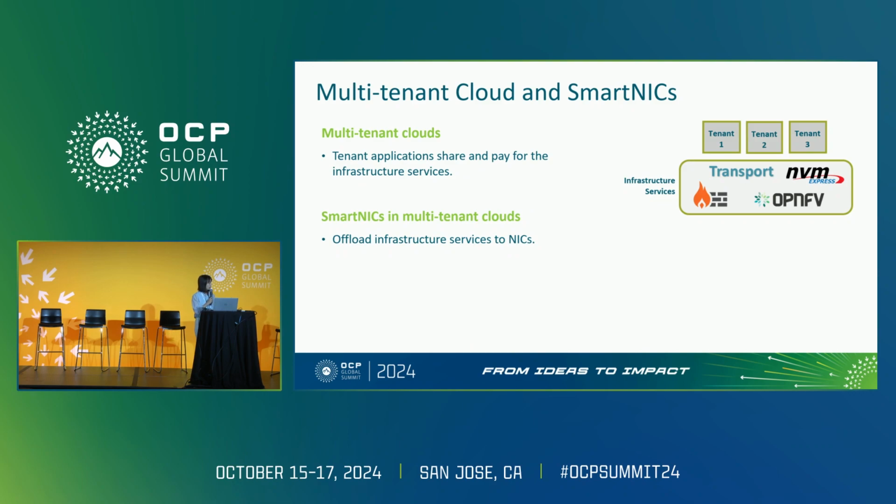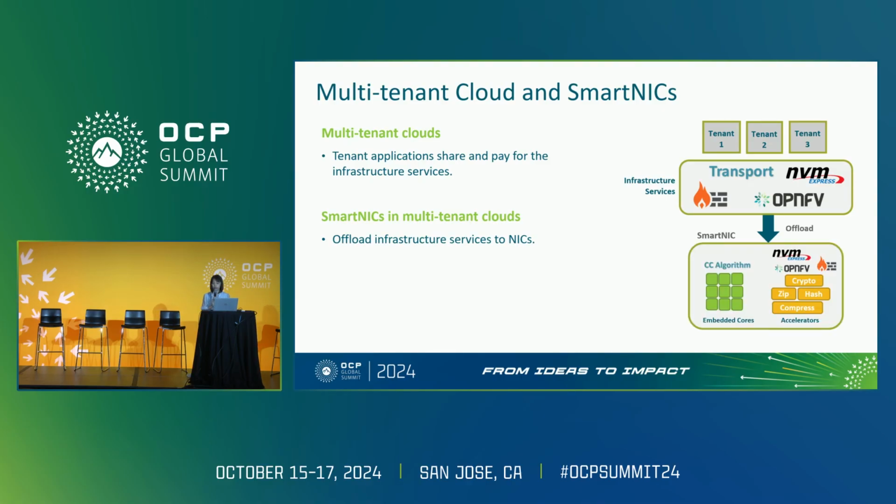In this type of scenario, these infrastructure services will be offloaded to the NIC hardware. As the diagram shows, for example, the firewall can benefit from the regex matching engine on the SmartNIC. And the transport can benefit from the embedded CPU cores and use them to calculate the congestion control algorithms.